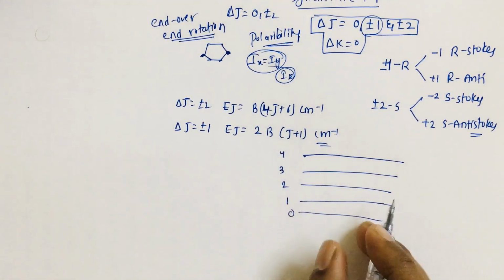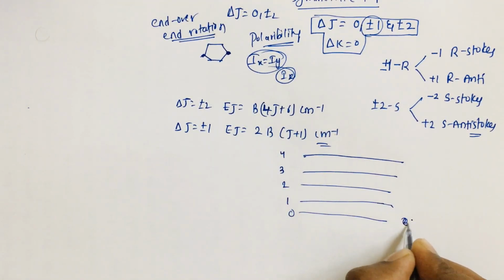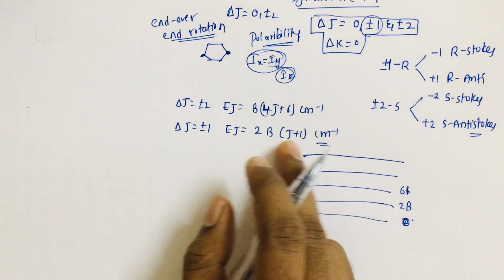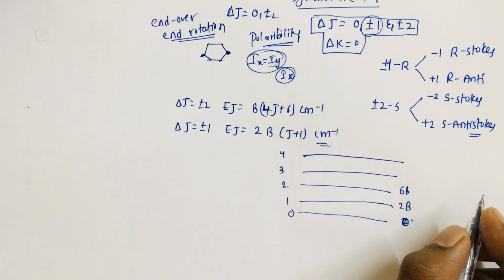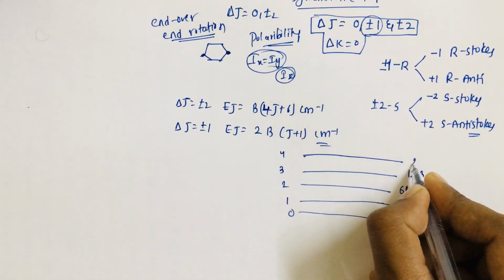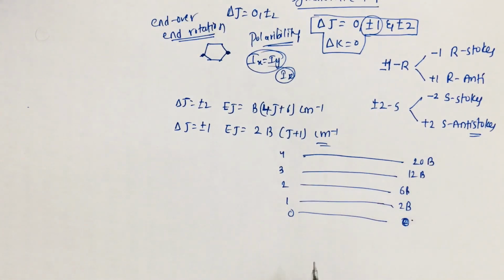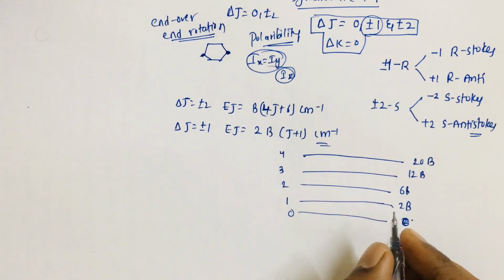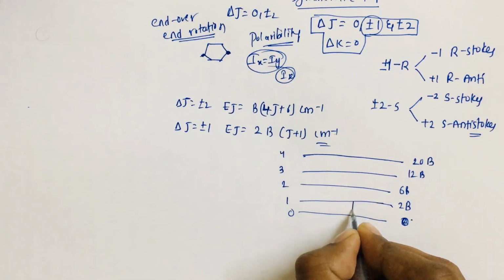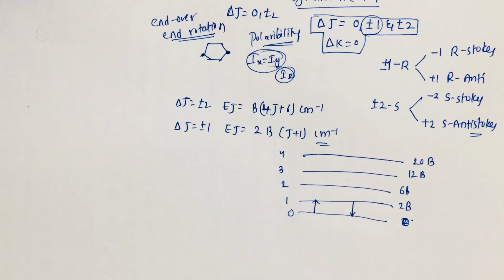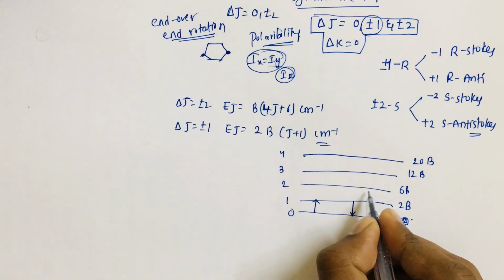According to this, the values will be 0, 2B, 6B, then 12B, and 20B. Here two kinds of transitions are possible, plus 1 and minus 1, and this is also possible here.